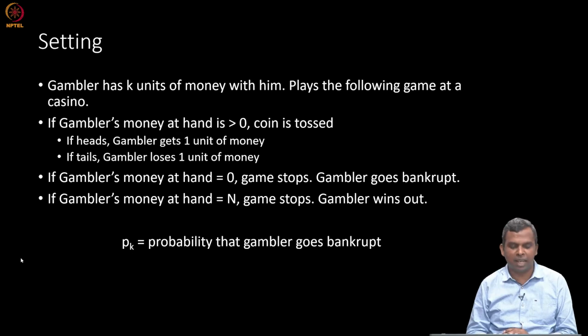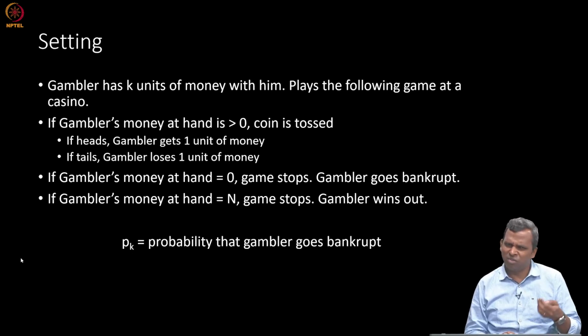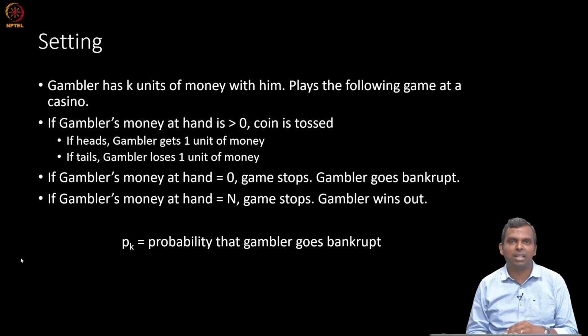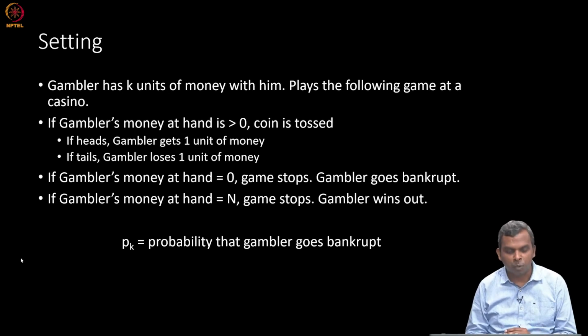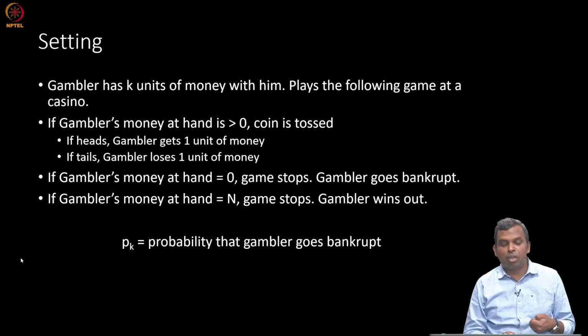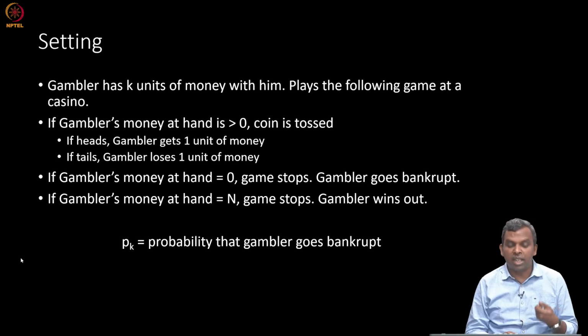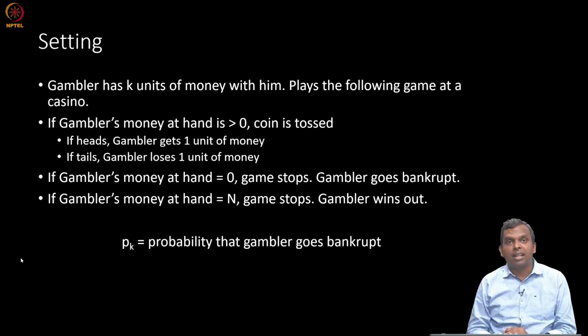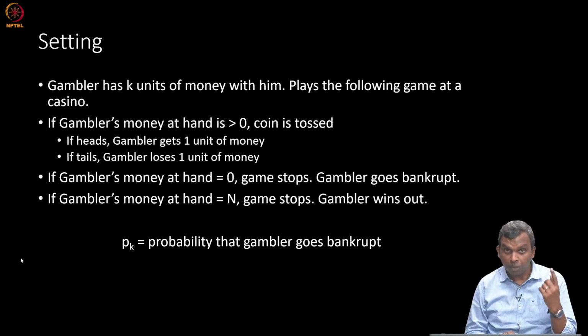This is a game which is very simple in some sense, but it's very illustrative of what can happen. If the gambler has any units of money in his hand at all, he's going to play this game, which is to toss a coin. If the coin lands so that you see heads on top, then the gambler gets 1 unit of money.